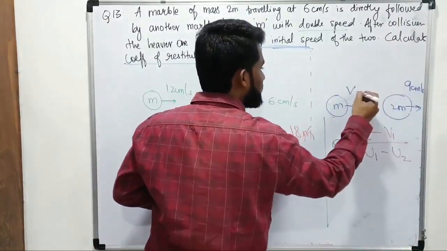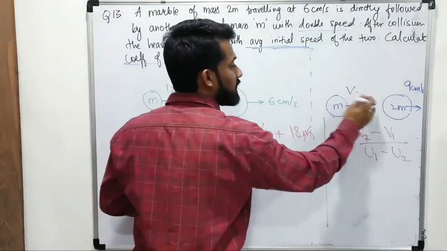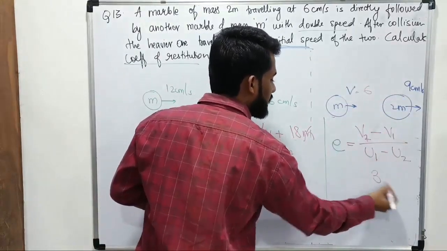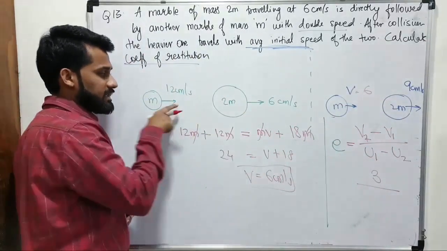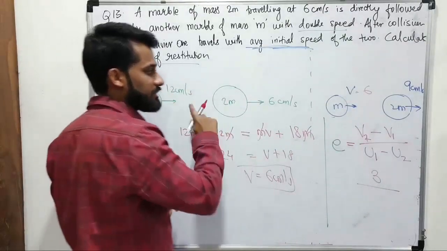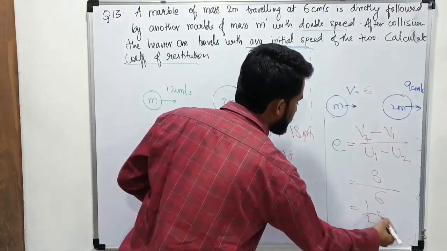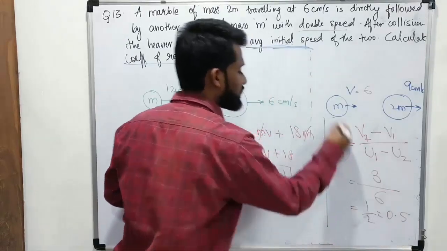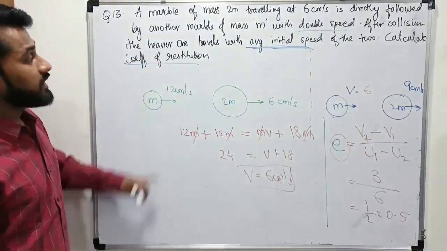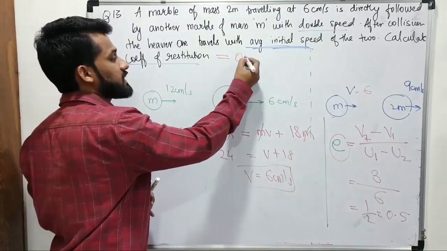This is moving by 9, this is moving by 6, we have calculated. So the relative velocity is 3, and the relative velocity of approach, this is approaching this by 6, so 12 minus 6 is 6. So the answer comes out to be half, that is 0.5. Coefficient of restitution is a unitless quantity. So the coefficient of restitution for this question is 0.5.